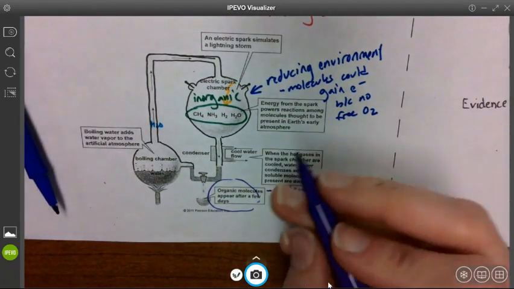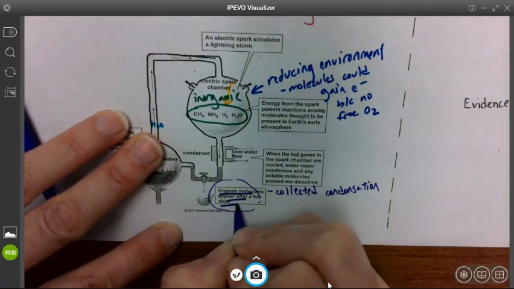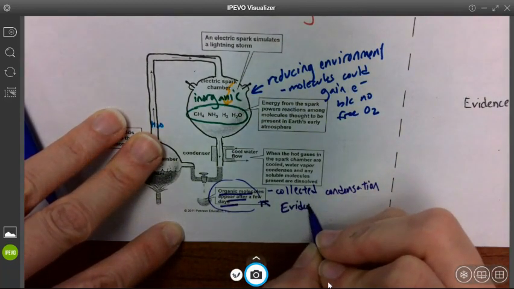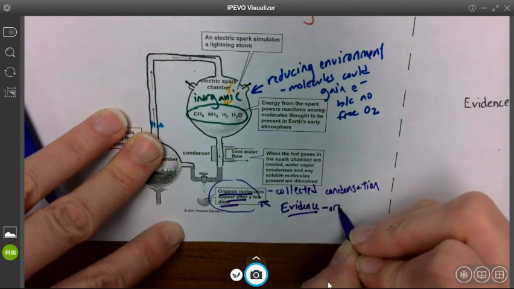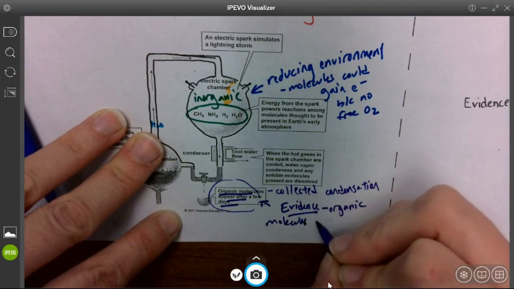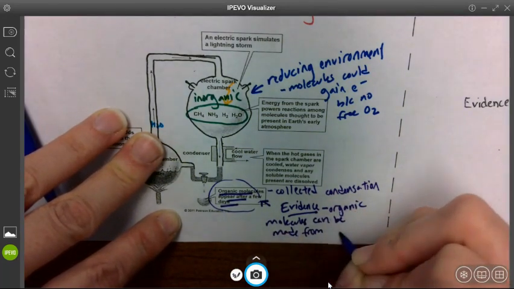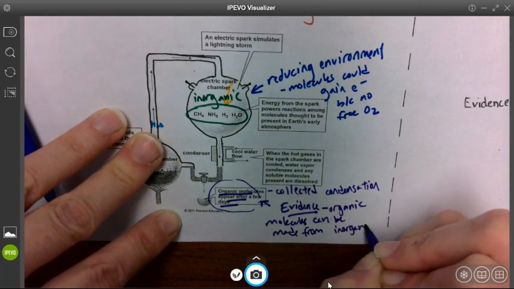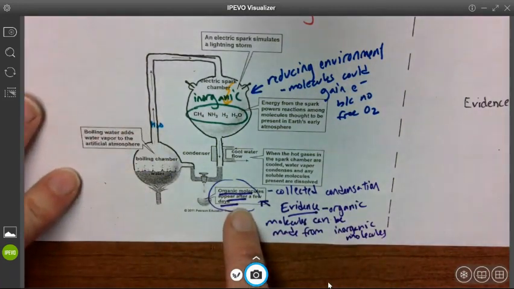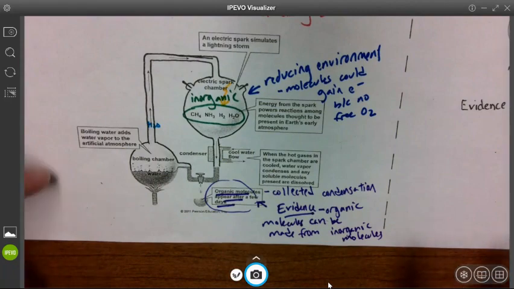What they found were organic molecules. This provides evidence that organic molecules can be made from inorganic molecules, like short carbon-hydrogen chains, maybe precursors of amino acids.